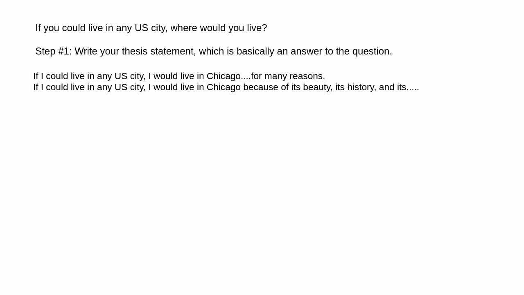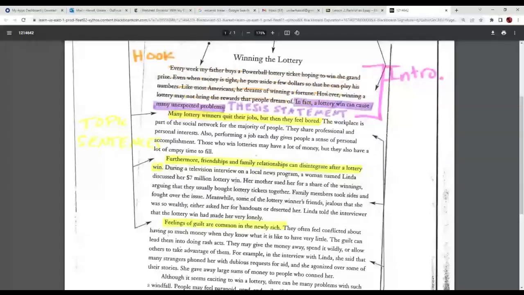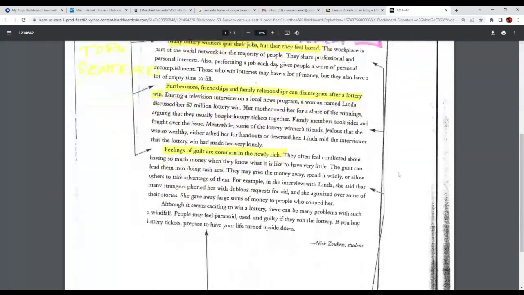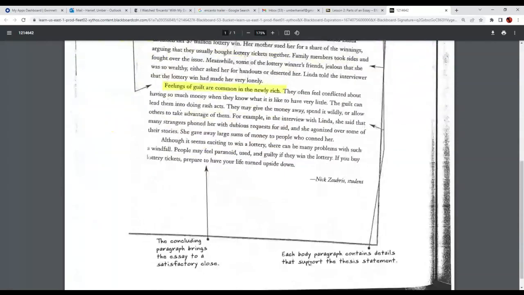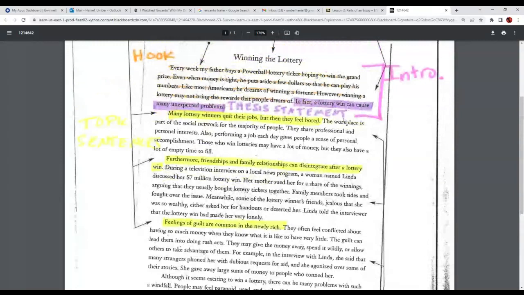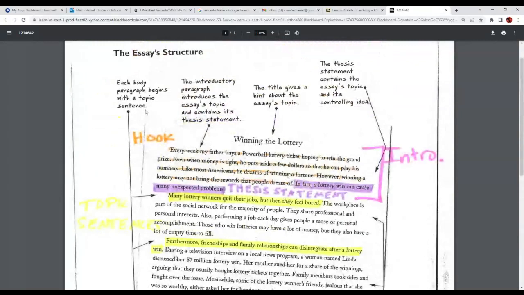Let's go back to winning the lottery. Okay. We have this introduction up here. We have these 3 middle paragraphs. Each body paragraph begins with a topic.